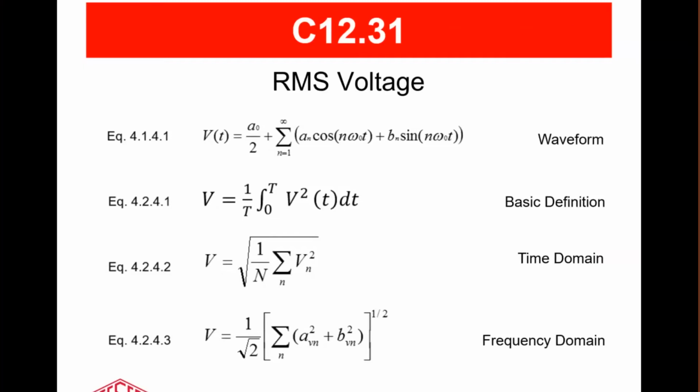And so to measure RMS voltage, there are two different approaches that we can use. One is the classic summation replacement for a continuous integral.